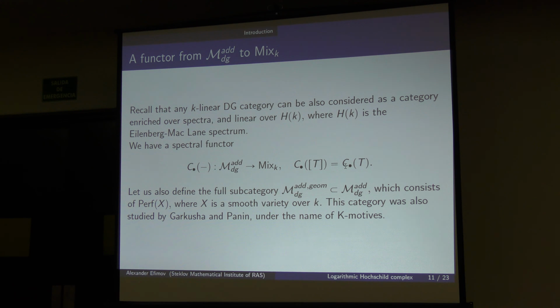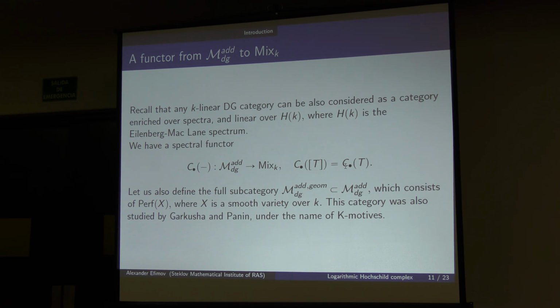Now we have a spectral functor. This is actually a refinement of the previous statement. I said that the morphism on Hochschild complexes depends on the class in K0, but actually the whole spectrum of K theory is acting here, and we have a functor from this universal category to mixed complexes.